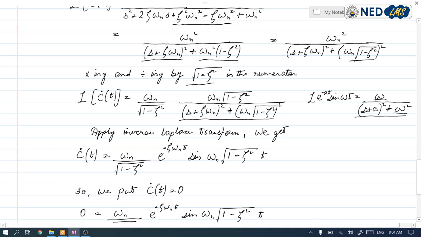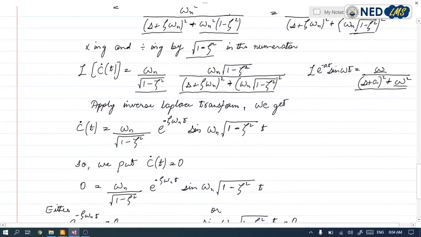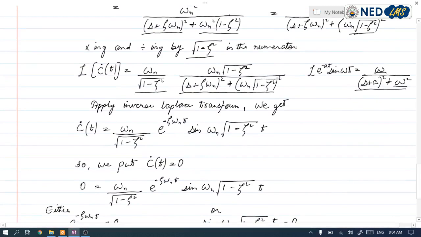So we multiply and divide by the square root of 1 minus zeta squared to make this term equal to this term. Here we separate the constant terms, and after that we take the inverse Laplace transform to get our response in the time domain. So this is our response in the time domain.